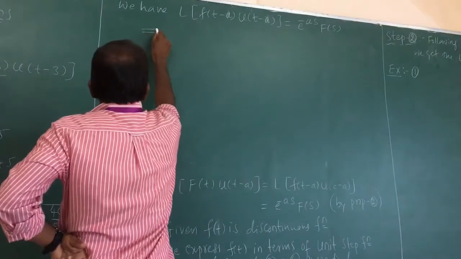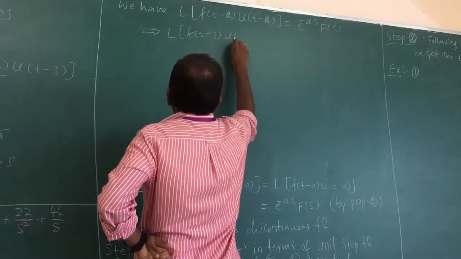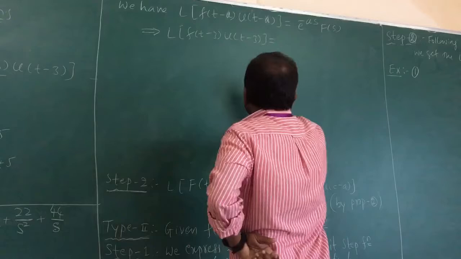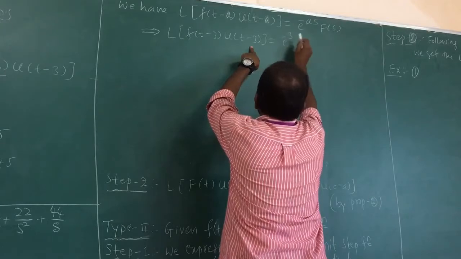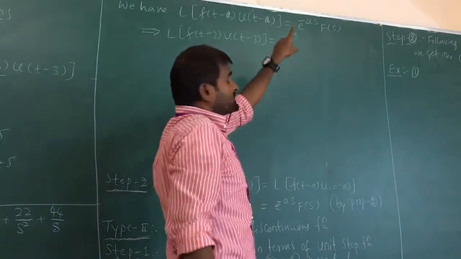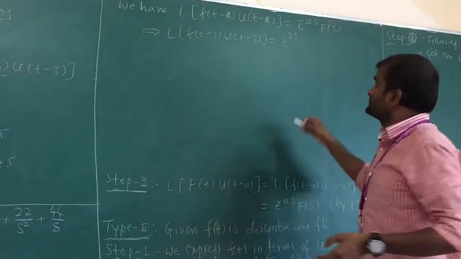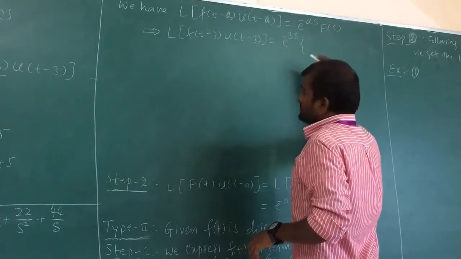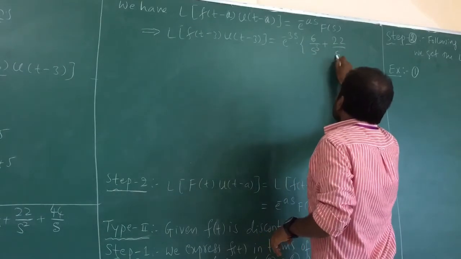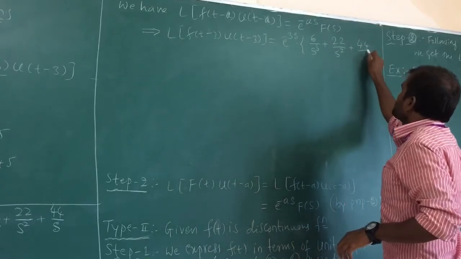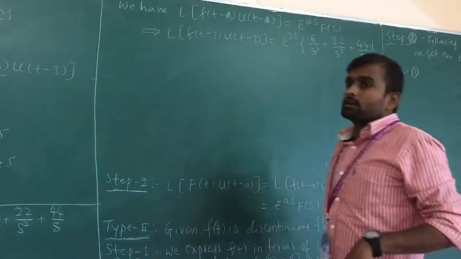So our actual result, f of t minus 3 into u of t minus 3, is equal to, in place of a which is 3, e raised to minus 3s into f of s. What do you get for f of s? That is 6 by s cube plus 22 by s square plus 44 by s. So this is the required result.